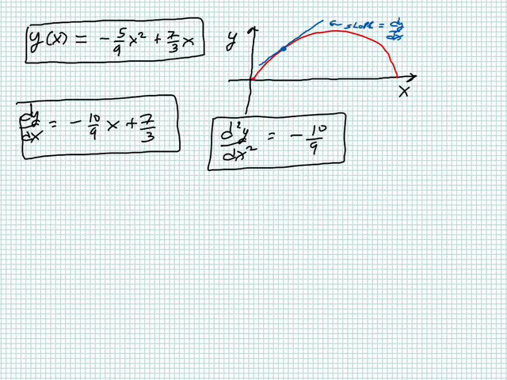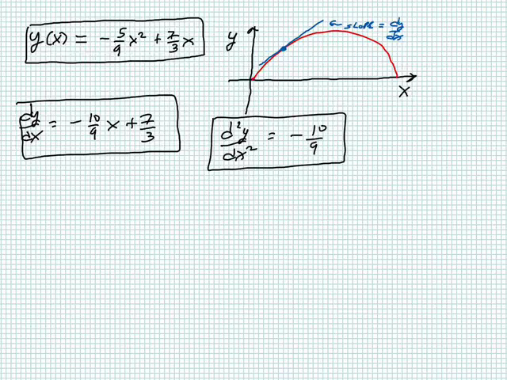I could use the second derivative to test to see if I've got a relative min or a relative max. So in this particular case, the second derivative is negative, which tells me that the graph is concave down the entire way. And if I were to set the first derivative equal to 0, I could find the critical points and figure out at what x value this critical point is. And then the second derivative test would tell me that that was a relative max.